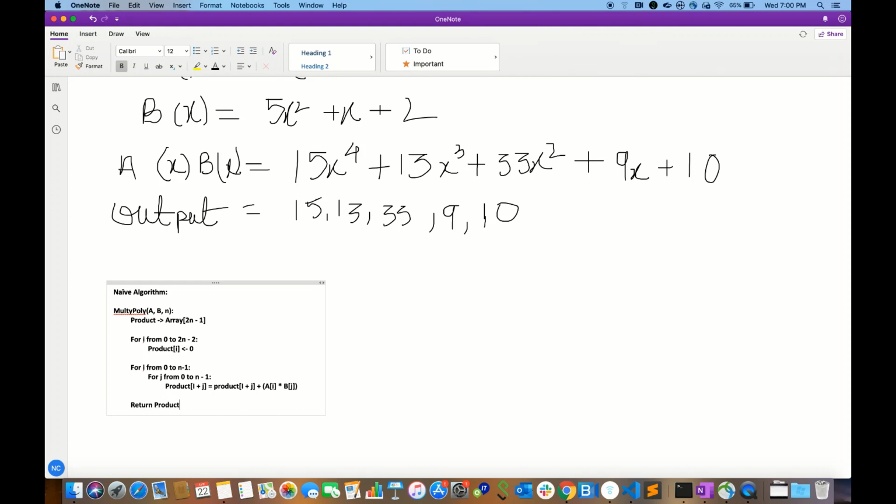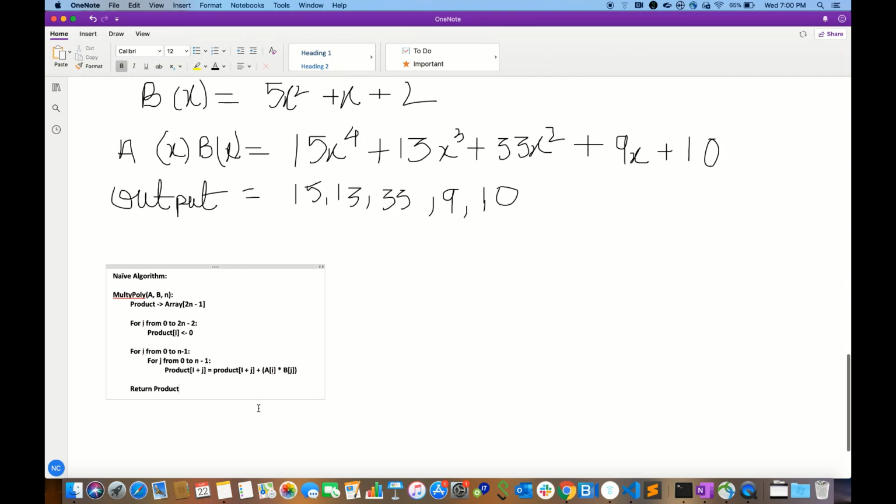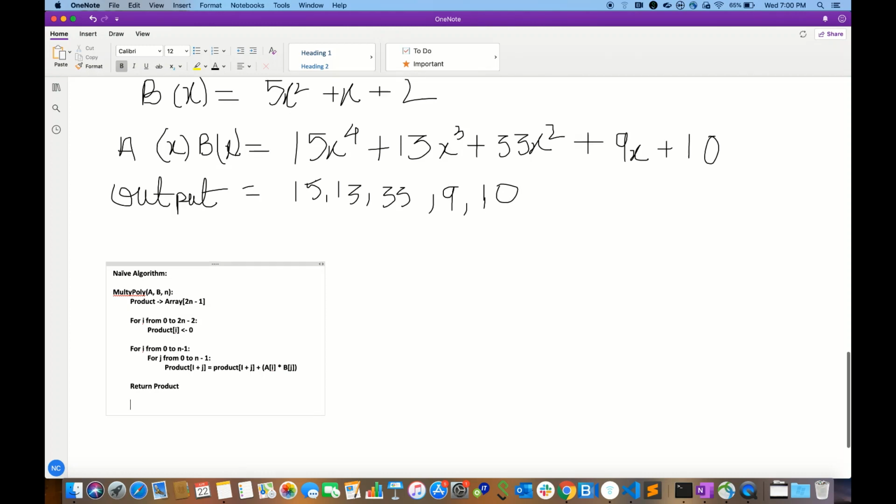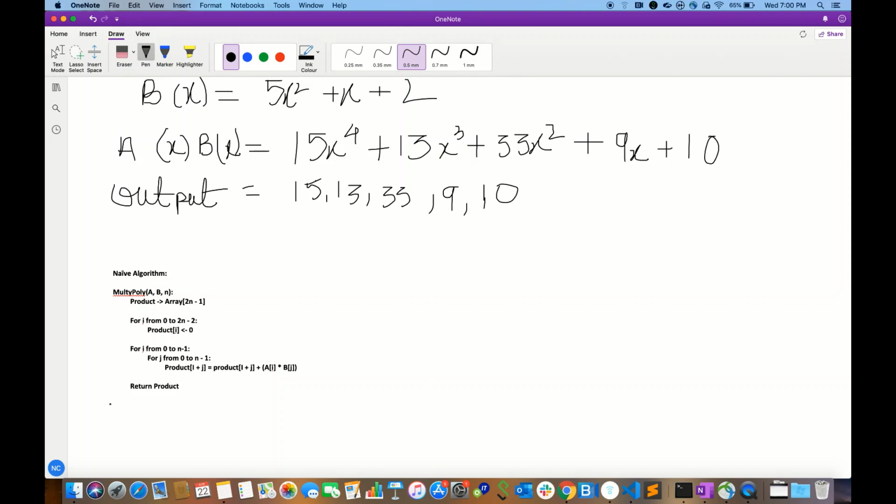So this is the naive algorithm we can think of. And in the naive algorithm we can see that the runtime is Big O of n square, since we have two loops which we need to iterate in order to generate each combination.